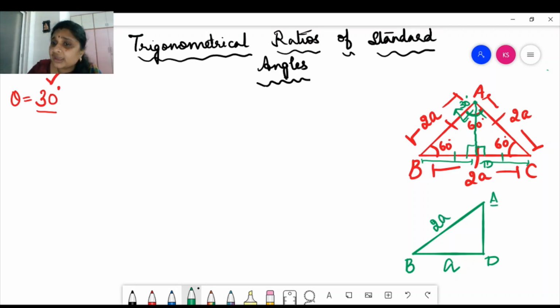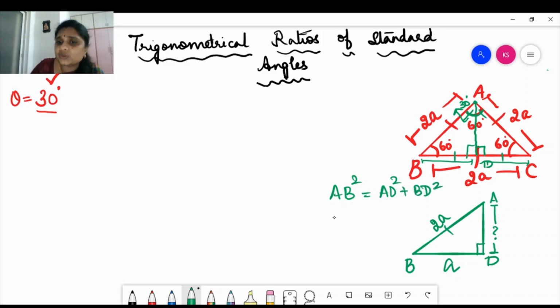Now, how to find the measure of AD? I'm going to use Pythagoras theorem to find the measure of AD. The Pythagoras theorem basically states that AB square, the square of the length of the hypotenuse, the side that's opposite to the right angle, is equal to the sum of the squares of the other two sides. So, AD square plus BD square.